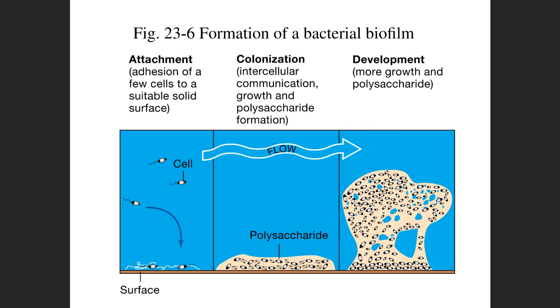The bacteria come around and attach, and because the river flows with all the nutrients, the bacteria grow and produce polysaccharide and produce a film on the surface. And this is what we call biofilm, okay? Biofilm refers to this part.